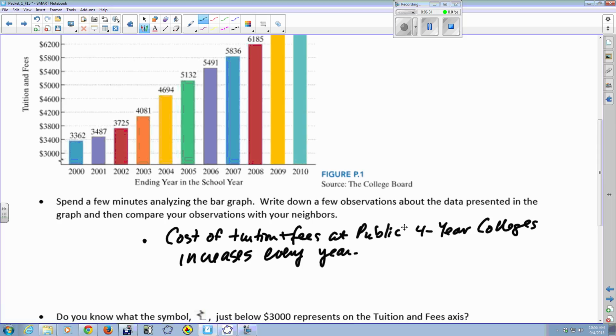Freshman year fees are almost $1,000 less than senior year. Where's freshman and senior year on that? I don't see freshman and senior year. Okay, this is the fee regardless of whether you're a freshman or a senior, right?